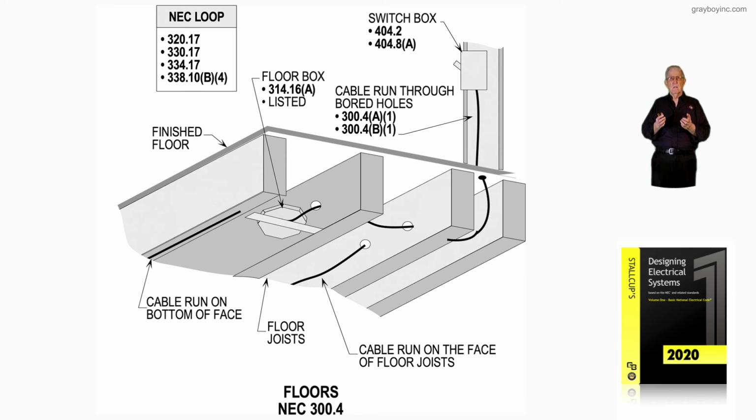And to get a very good feel of what's taking place here, we again suggest an NEC loop to be reviewed. And as you can see, 300.17, 330.17, 334.17, again based on AC cable, MC cable, nonmetallic sheathed cable, or service entrance cable.